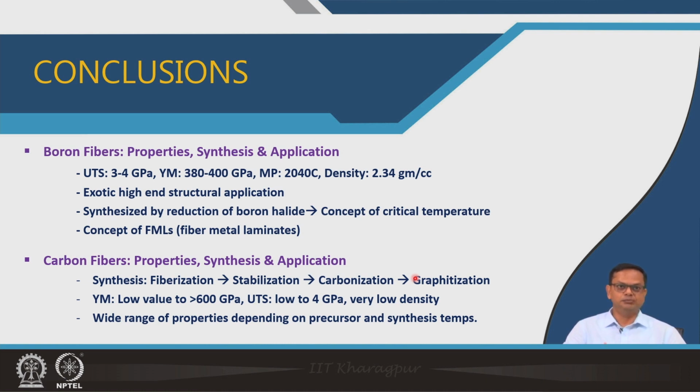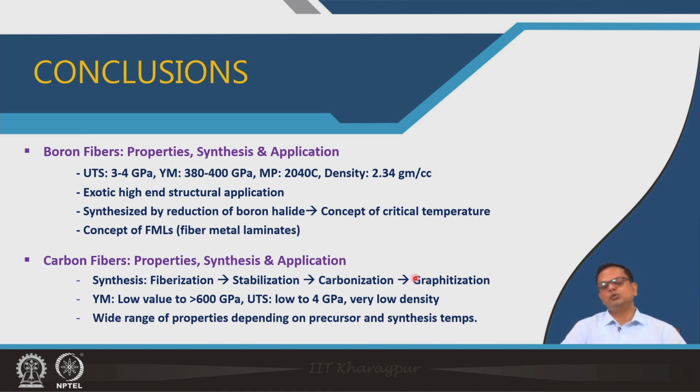And then the next one we discussed was carbon fiber. We discussed the properties, synthesis and application of carbon fiber, and the basic steps in synthesis are 4 steps. The first step is the fiberization of the precursor material, then the stabilization, or oxidation, of the precursor material, and then high temperature steps like carbonization and graphitization are done.